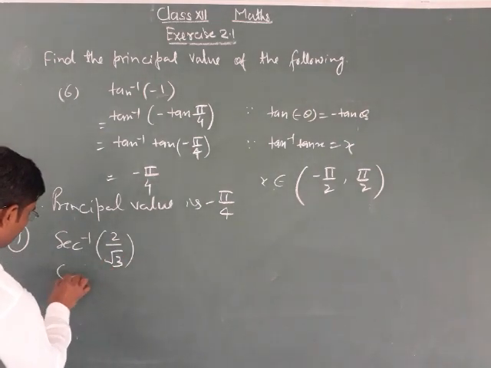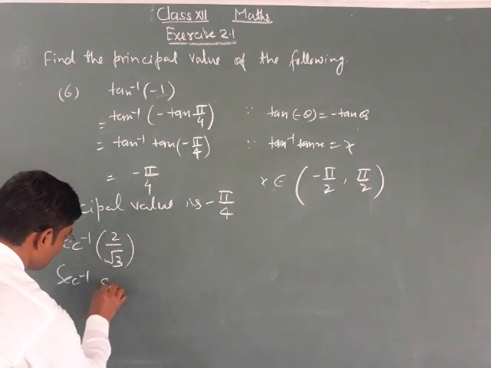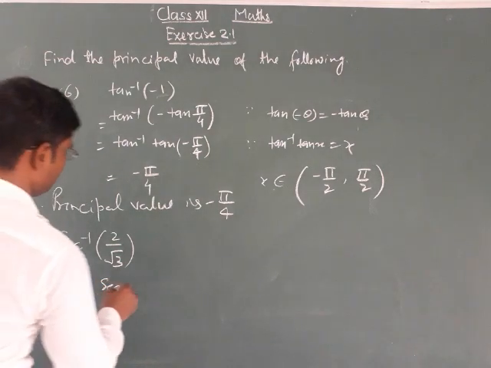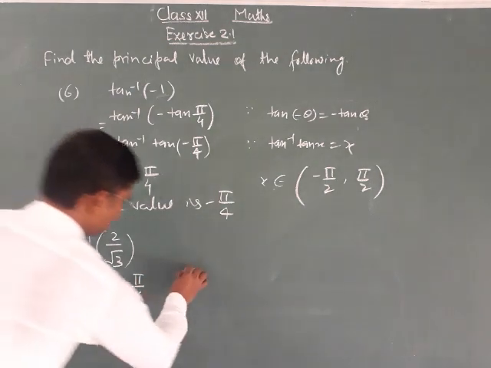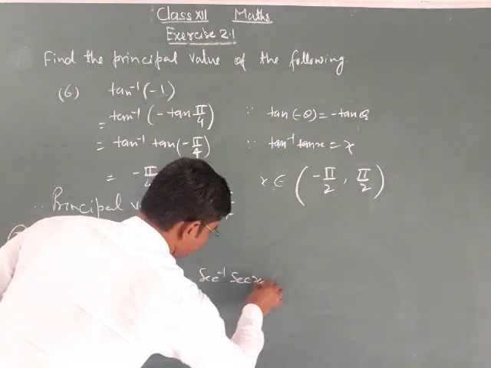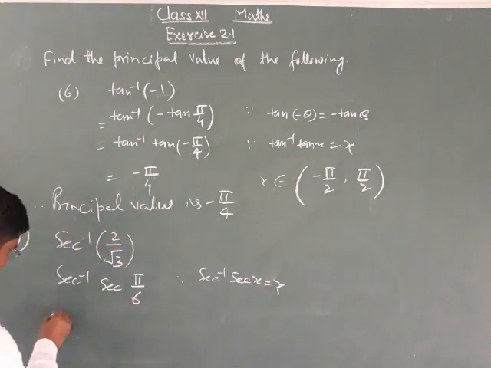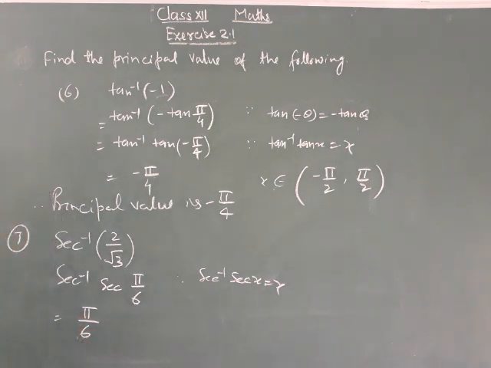So sec inverse of 2 by root 3, in sec it is pi by 6. Since sec inverse sec x is equal to x, so this is pi by 6.